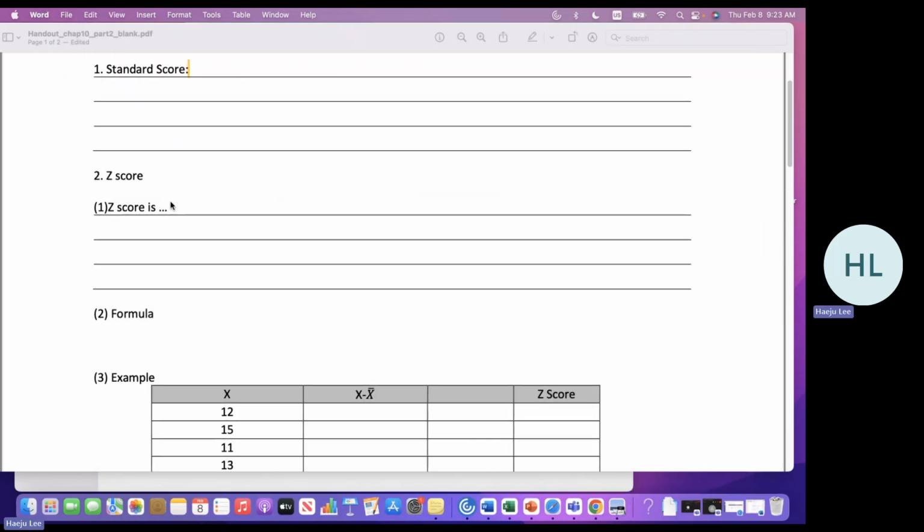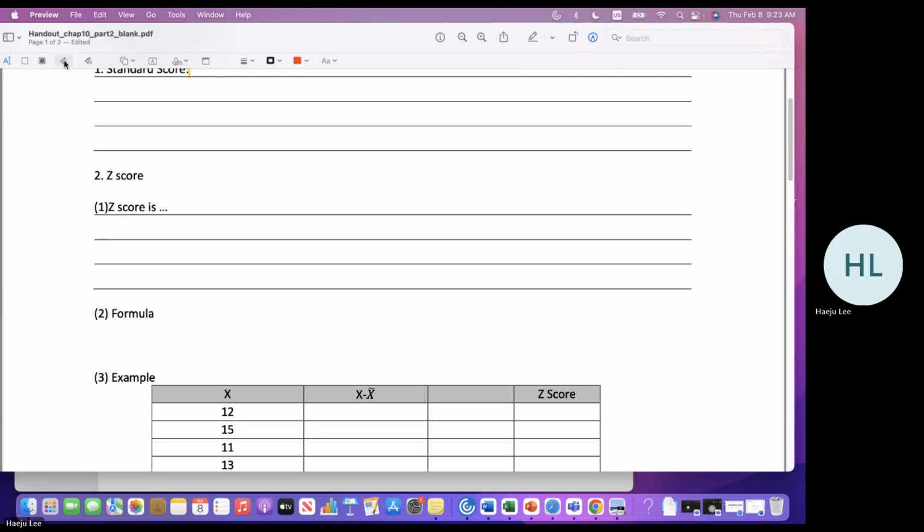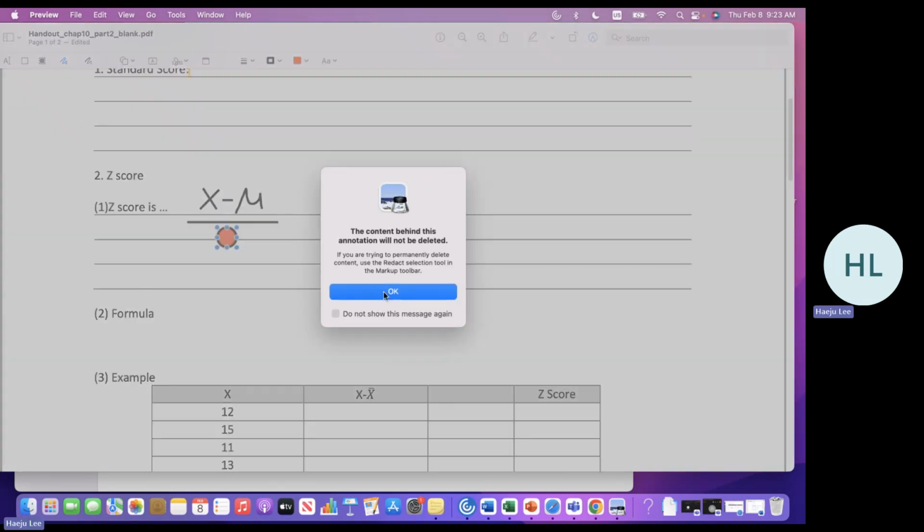So how can we change the original distribution into the G distribution or G score? We need one formula.